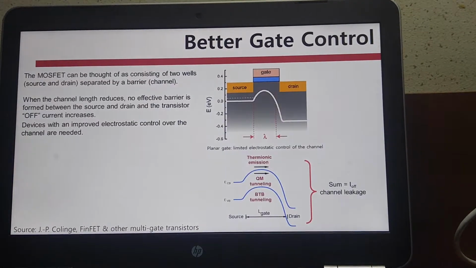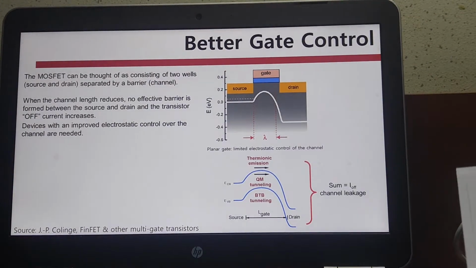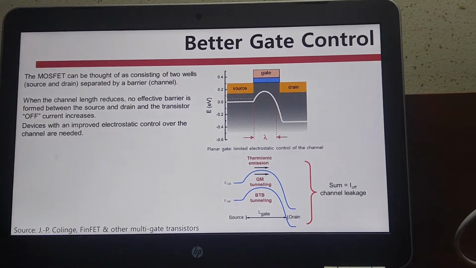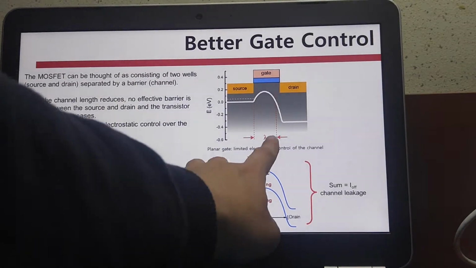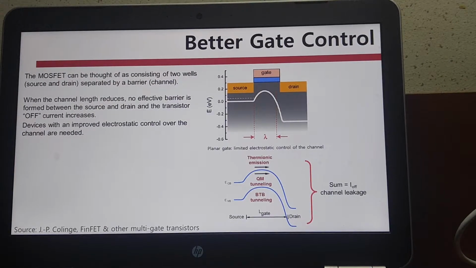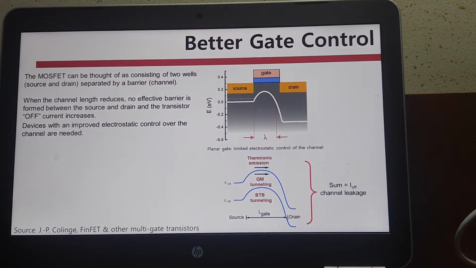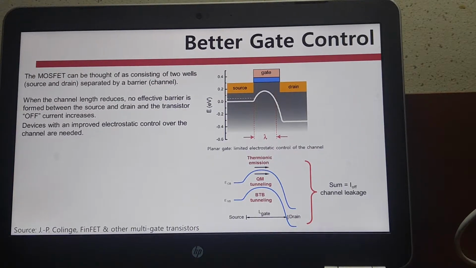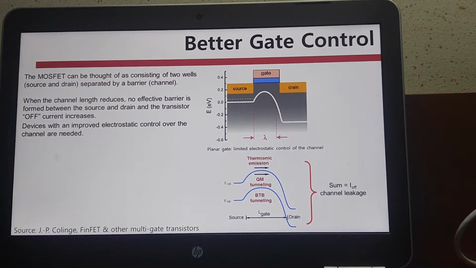And next, we have learned about this structure, and what we have to focus on in this section is the neutral length, which is lambda. But for the real case, we have to multiply lambda by 6 to eliminate the problem of leakage current.